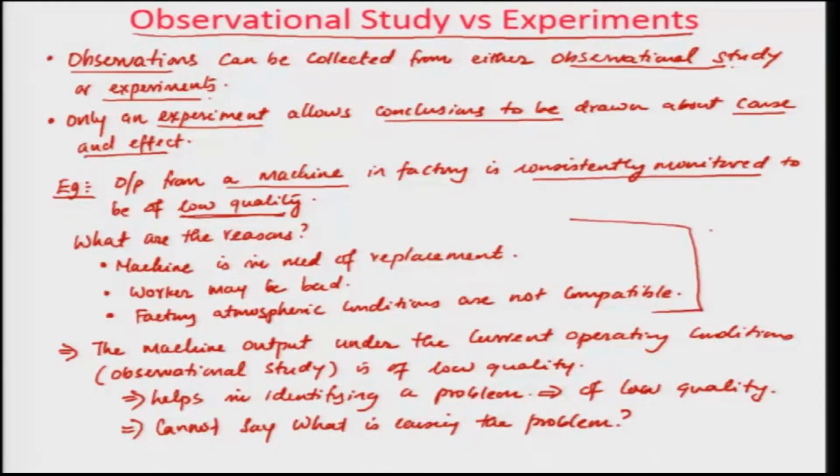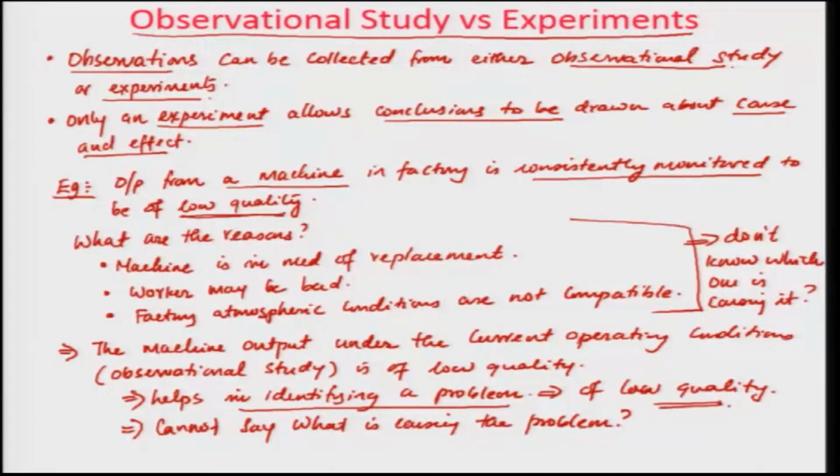We said there could be 3 major reasons and we do not know which one is causing it. So, the observational study helps you to identify a problem. The problem identified here is the low quality output of the machine, but we cannot figure out what is causing it.